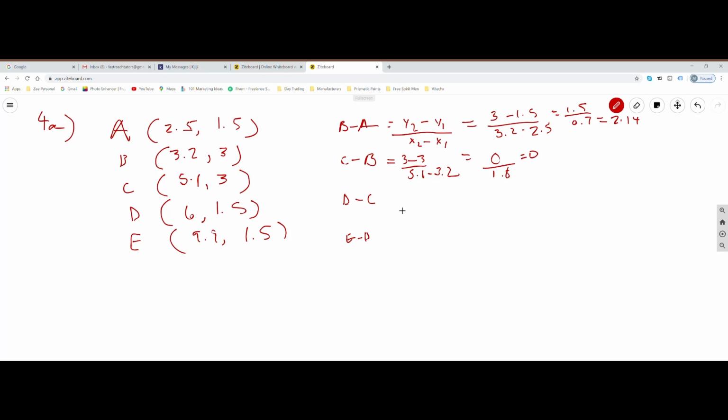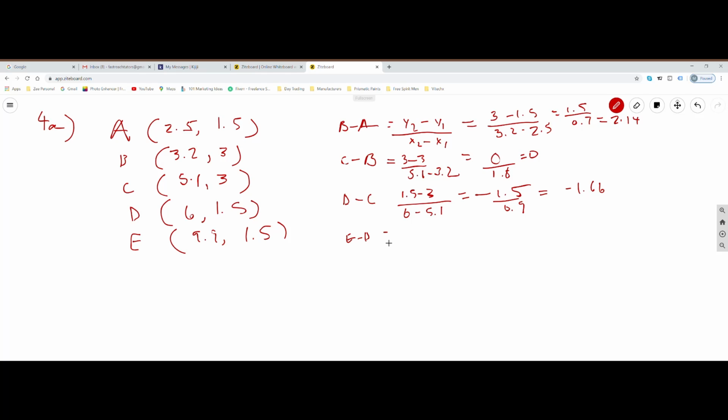And then we have to find between D and C, which is 1.5 minus 3 over 6 minus 5.1, which is equal to negative 1.5 over 0.9, equals negative 1.66.